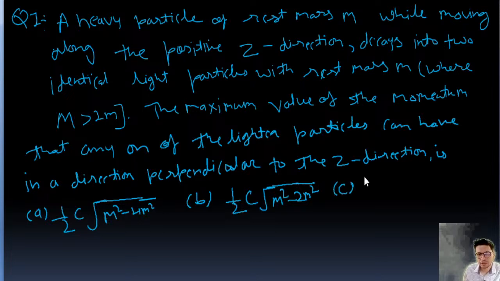Option C is c root of capital M square minus 4 small m square. And option D is 1 by 2 mc, where c is the velocity of light. So this is the question, guys.